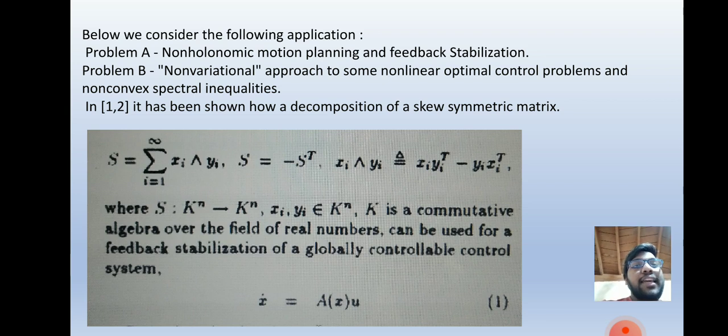Now, where S belongs to Kn, xi and yi belong to K to the n, K is a commutative algebra over the field of real numbers, it can be used for feedback stabilization of a globally controllable control system, x dot is equal to A of x, u. Let's consider equation 1. Okay.